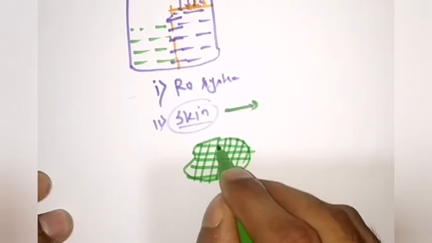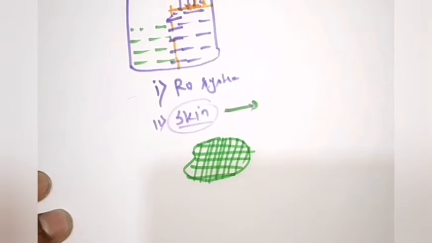Skin allows selective particles to pass inside the body, and it doesn't allow impurities that are not useful, that are harmful for us, to pass through. So the second best example that you can see in day-to-day life of a semi-permeable membrane is our skin.